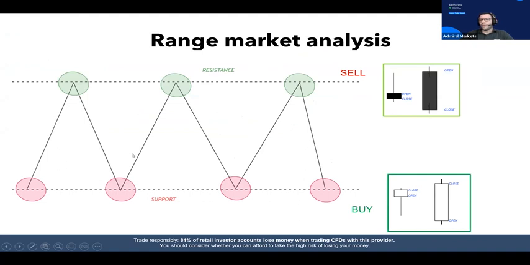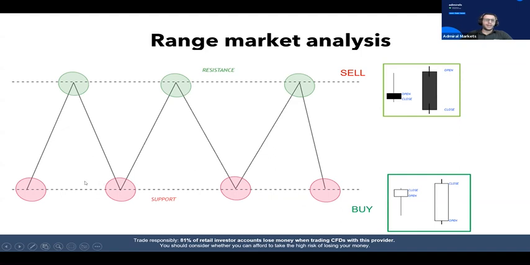Then what happens when the market is just not trending and it's moving from one edge to the other? Like it happened recently, and we talked about that in the morning briefings, and that was the Euro Canadian dollar on the daily chart, and we took some trades based exactly on this schematic here.